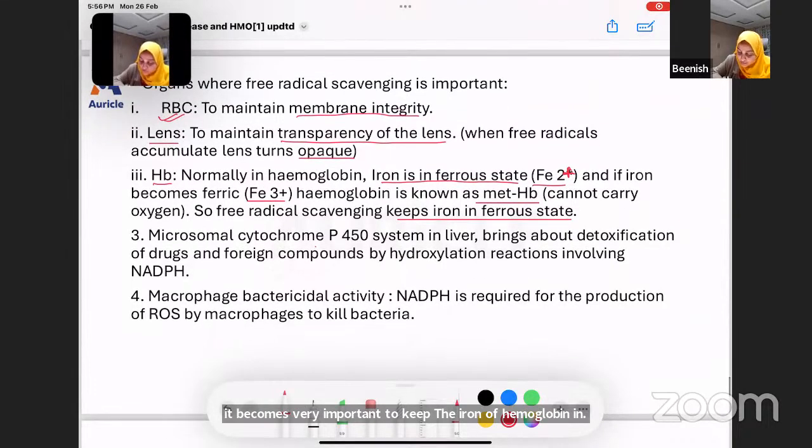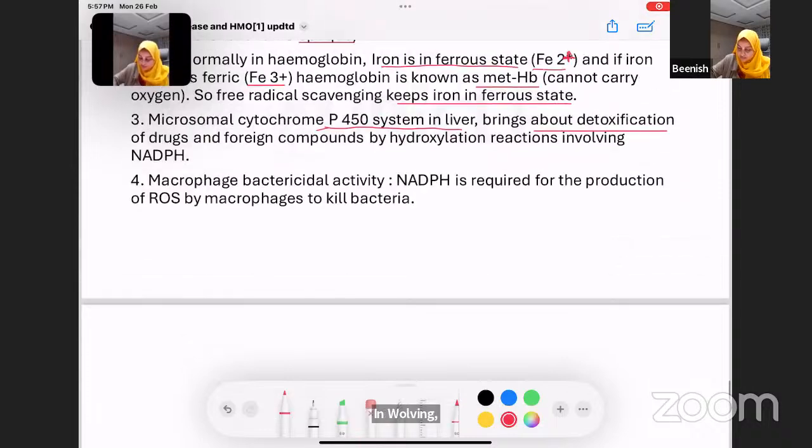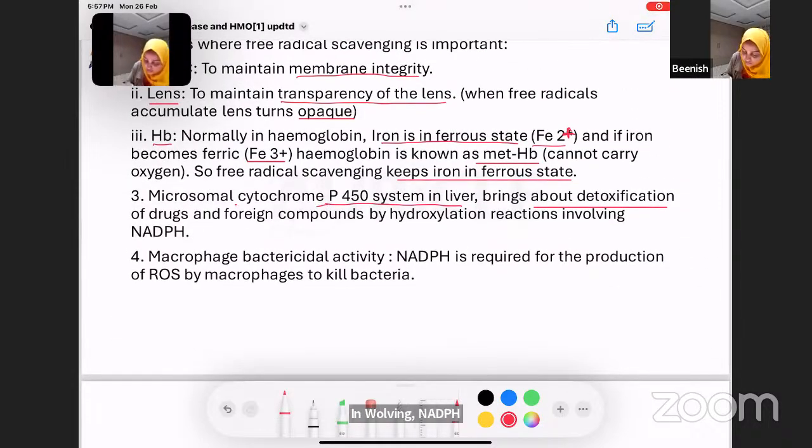The microsomal cytochrome P450 system in the liver brings about detoxification of drugs and foreign compounds by hydroxylation reactions involving NADPH. Now, to explain this, you will have to know a little about cytochrome P450.